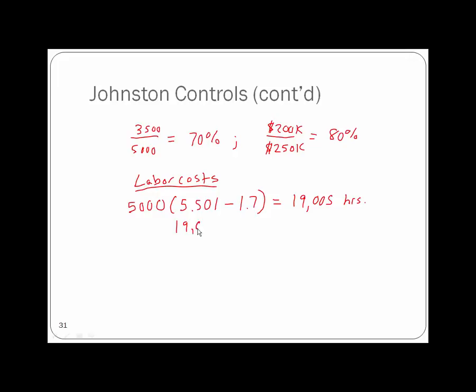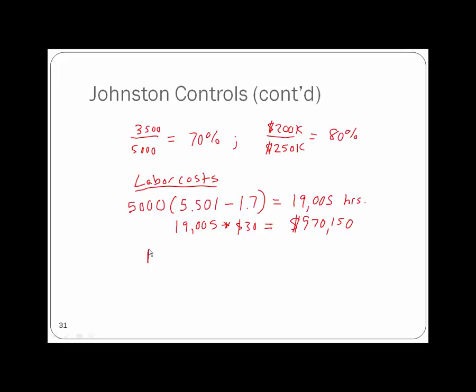Well, if we take that 19,005 hours and multiply that by $30 per hour, that comes out to be, assuming I can still do math, 570,150. Okay, that's just a labor cost.